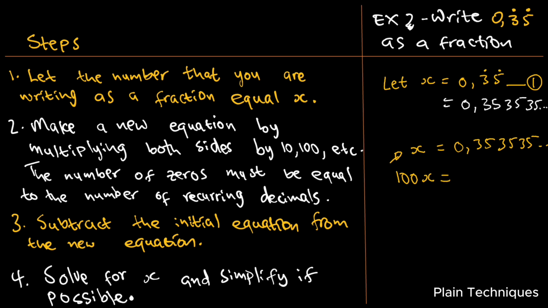If I multiply this side by 100, what does it mean? The comma will only move twice. So the comma will be somewhere here, and my answer will be 35.353535, continuing like that.